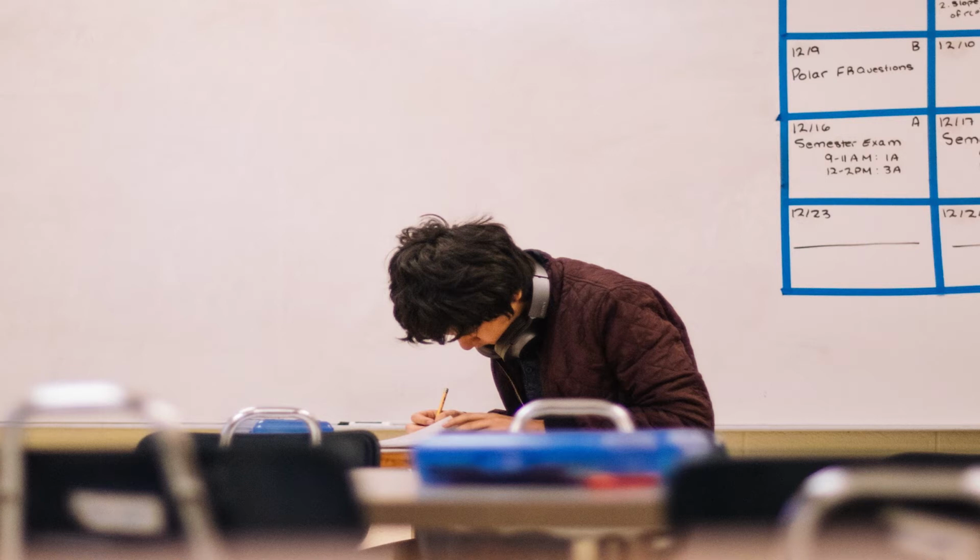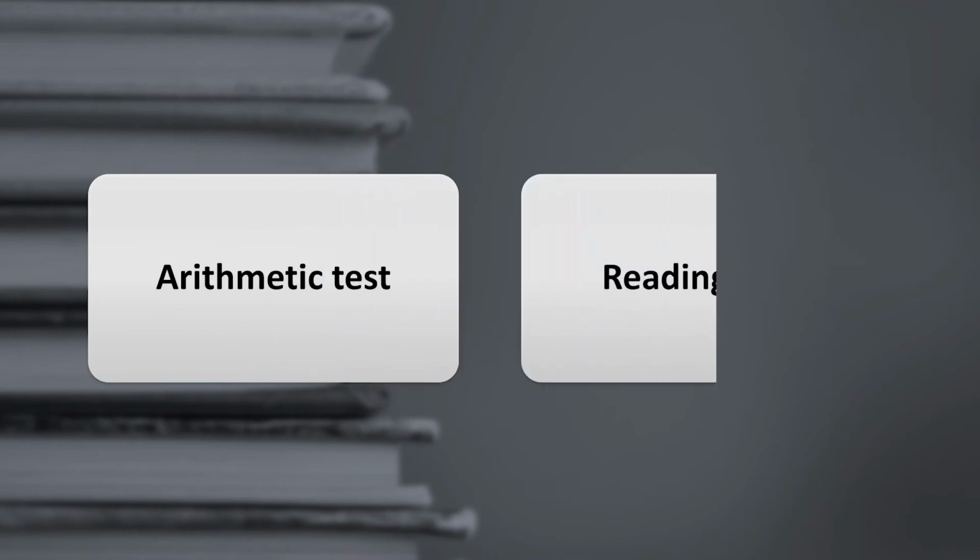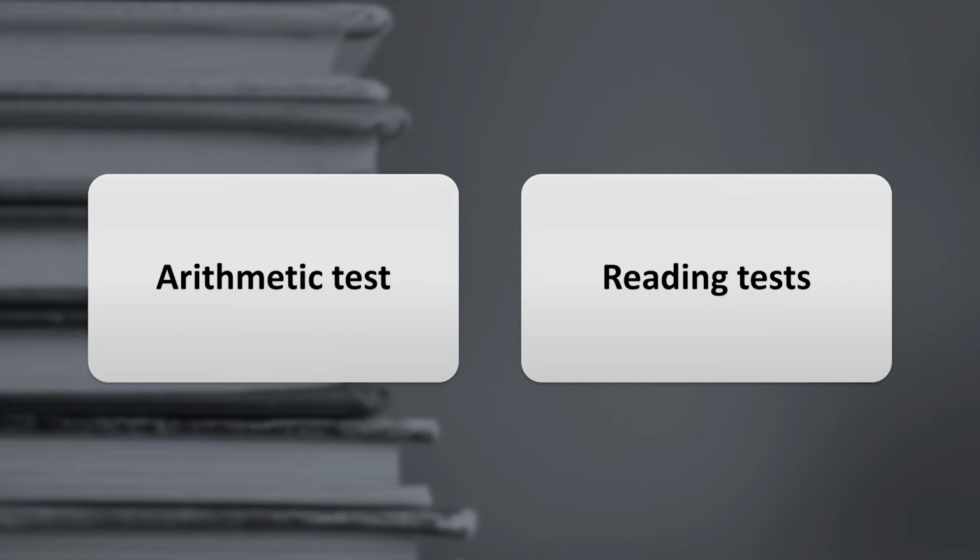Then comes the diagnostic test. Till now, you are much aware of the student's problem. Then you are able to identify which diagnostic test you can use. There are many commercially available diagnostic tests. Whether you want to use an arithmetic diagnostic test or a reading diagnostic test, whatever the student's problem, you use that kind of test.